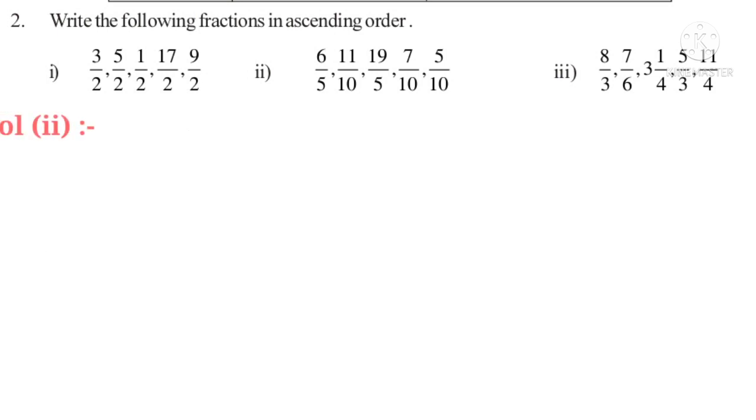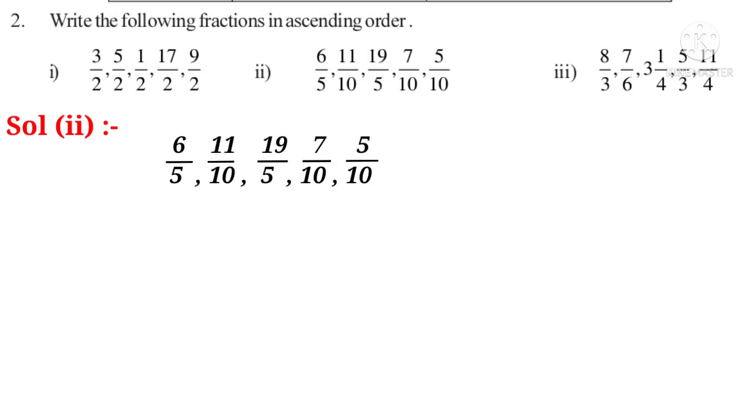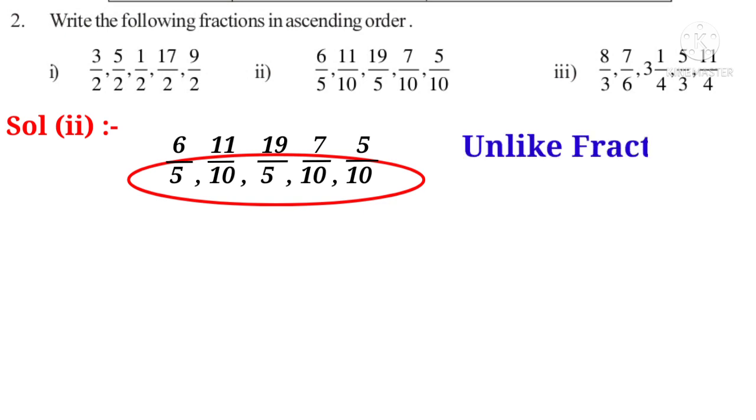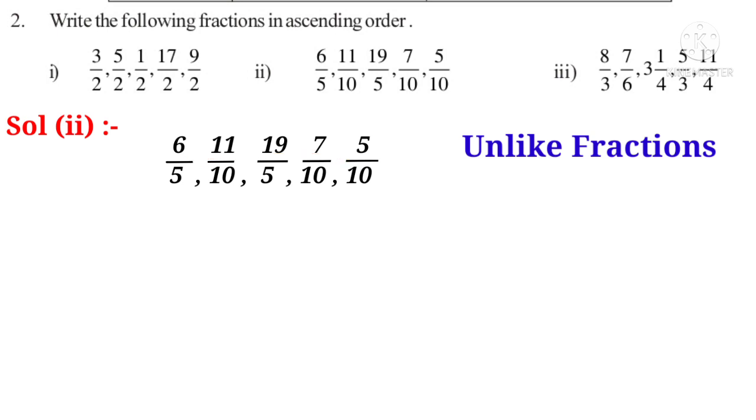Solution 2: 6 by 5, 11 by 10, 19 by 5, 7 by 10, 5 by 10. Here observe that all the fractions have different denominators, so these are called unlike fractions. To write the ascending order, we first have to convert them into like fractions. For this, we have to find the LCM.